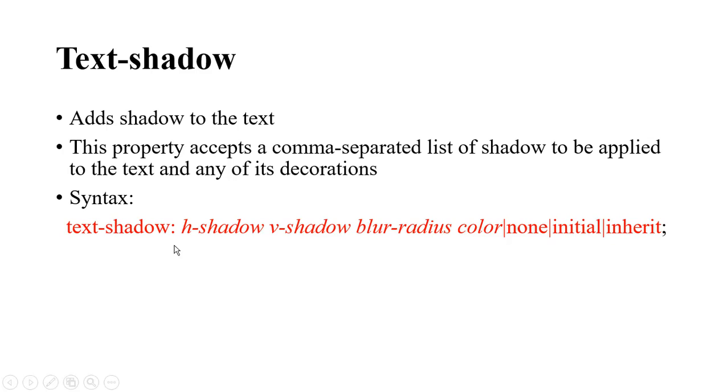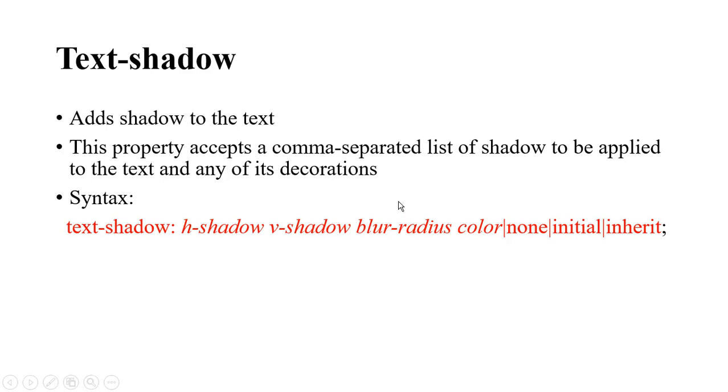And here's the syntax, where H-shadow means shadow along the horizontal line, V is vertical, and you can also give the color of your choice.